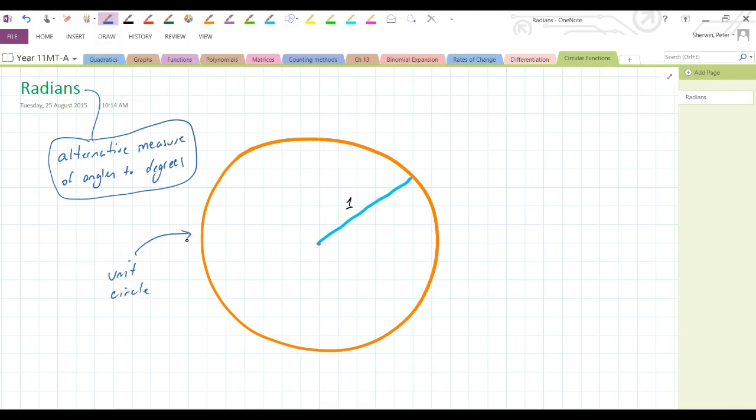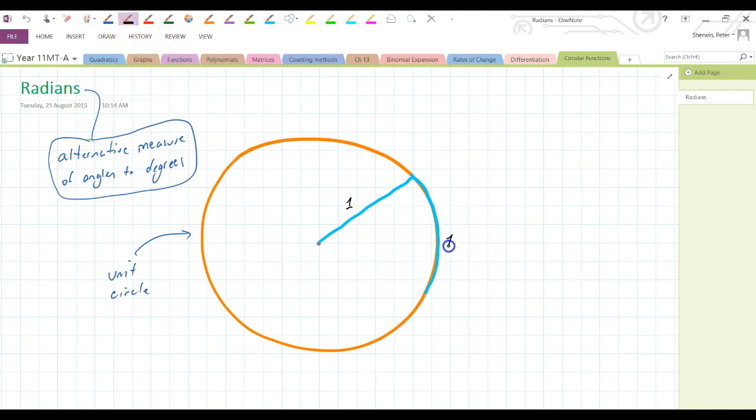All right. So it's got a radius of 1. I'm going to go around the circumference of the circle until, tell me when to stop, my length there is the same as the length there. So in other words, this little arc length around the circumference is 1 unit long.